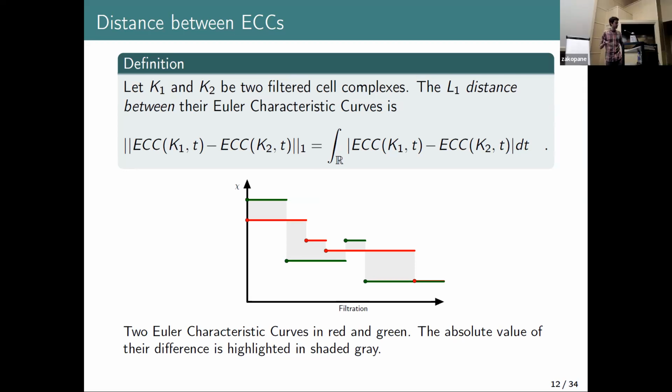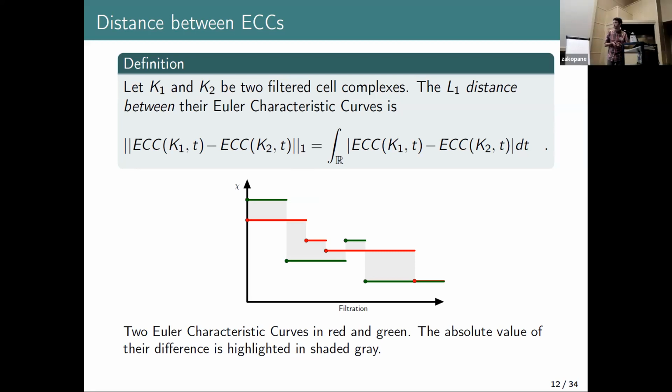And that's nice, because now that we have a way to compute distances, we can ask ourselves: if I compute the Euler characteristic of a complex, and then maybe I wiggle the vertices or the filtration values of my complex around a bit, how much will the Euler characteristic change? Because if I'm interested in using the Euler characteristic as a topological descriptor, I would like to have some sort of stability result.